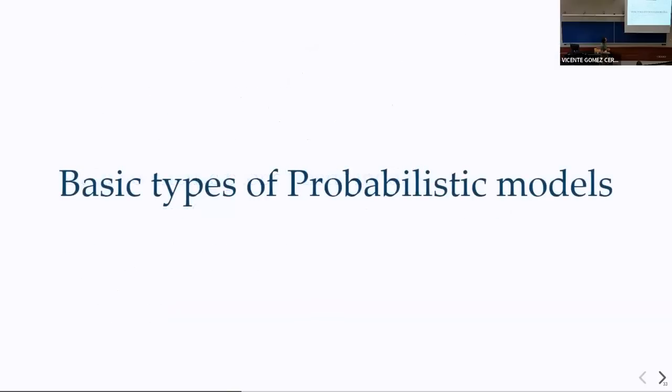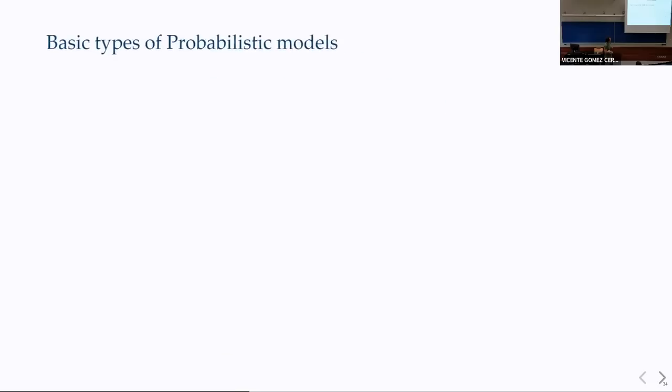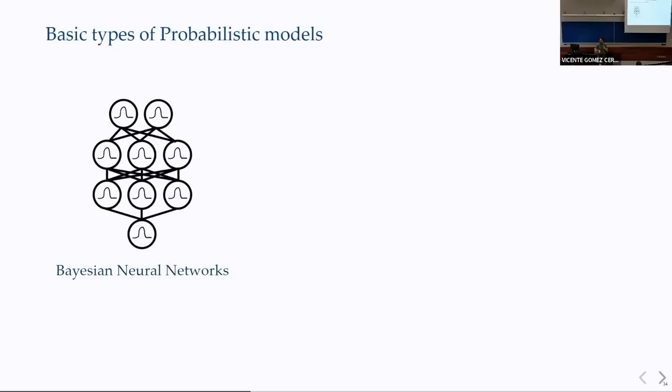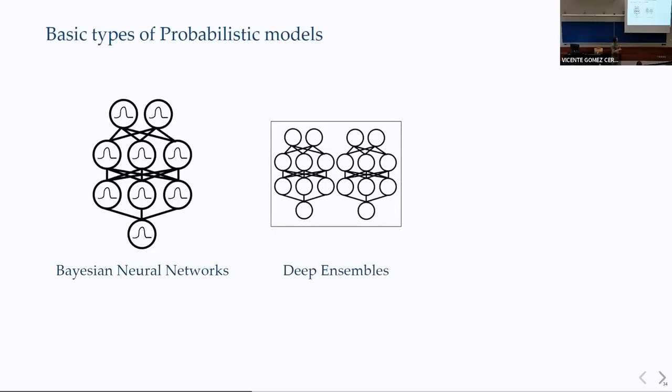Okay. So as promised, the first section is about basic types of probabilistic models. Arguably, if you define basic as most used and most famous, then these are the following ones. First, Bayesian neural networks. Second, deep ensembles.